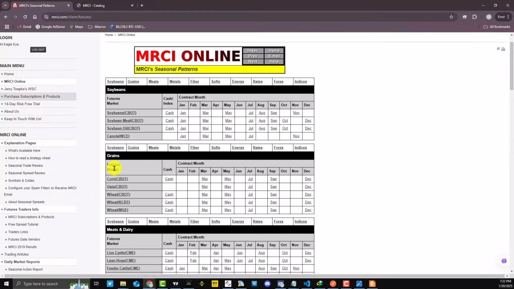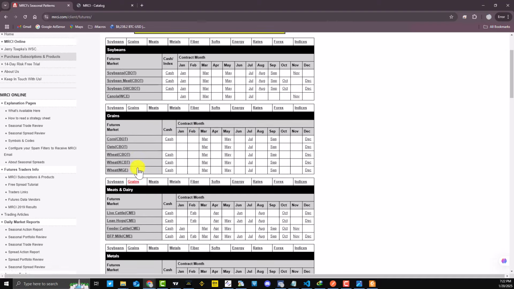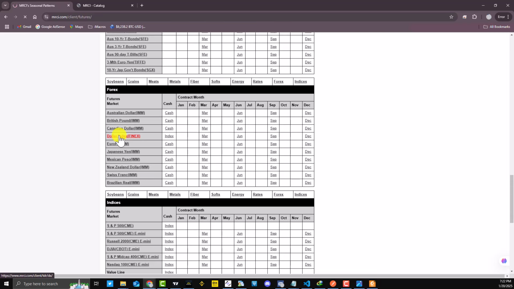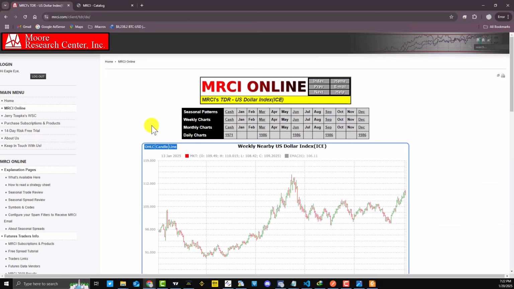Okay, so let's go to the indices. Under indices, I should look for the dollar index. Yeah, sorry, forex rather, forex, the dollar index. Okay, open it. And then you go to the seasonal patterns, right? Then the cash.